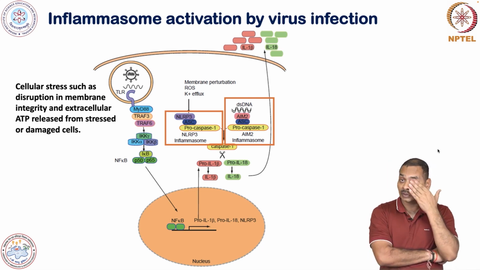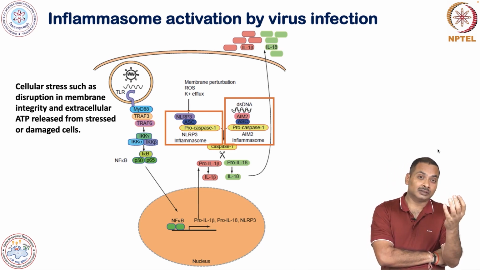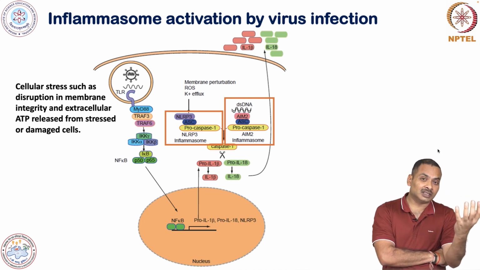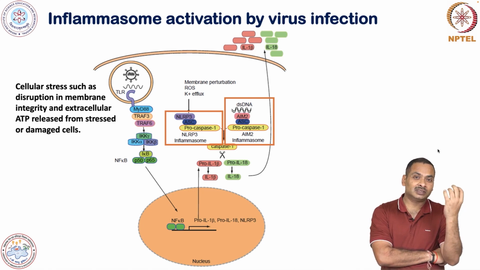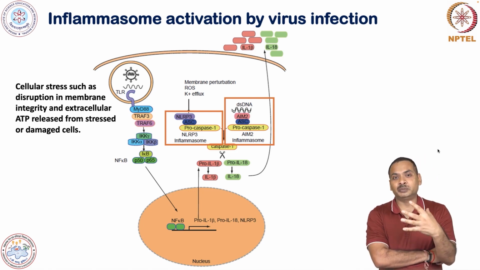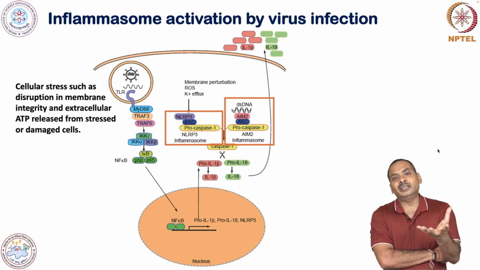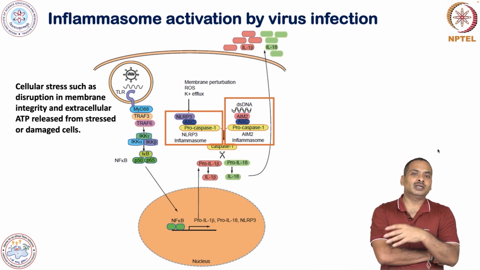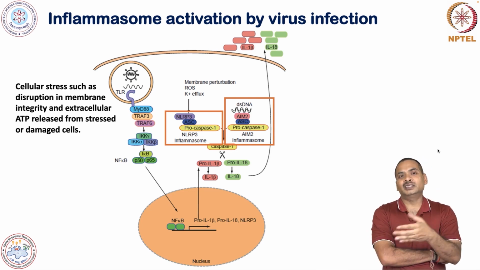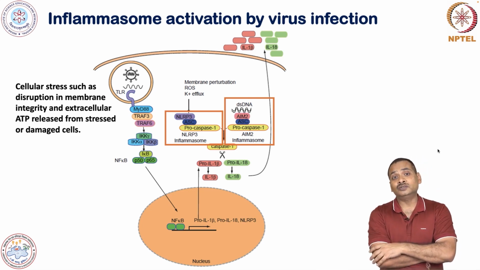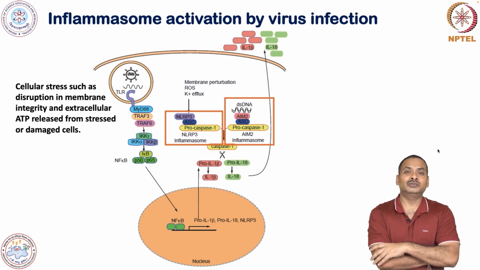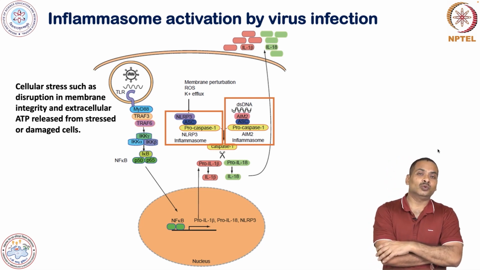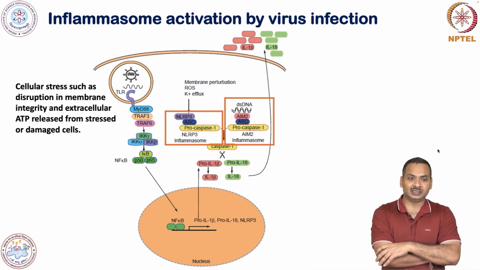So, you can understand that when cells are under stress, which are already infected, they will release ATP, and this ATP can be sensed by the NLRP3 inflammasome, which will then induce the production of IL-1 family cytokines, consisting of IL-1 beta, IL-18, and IL-33.